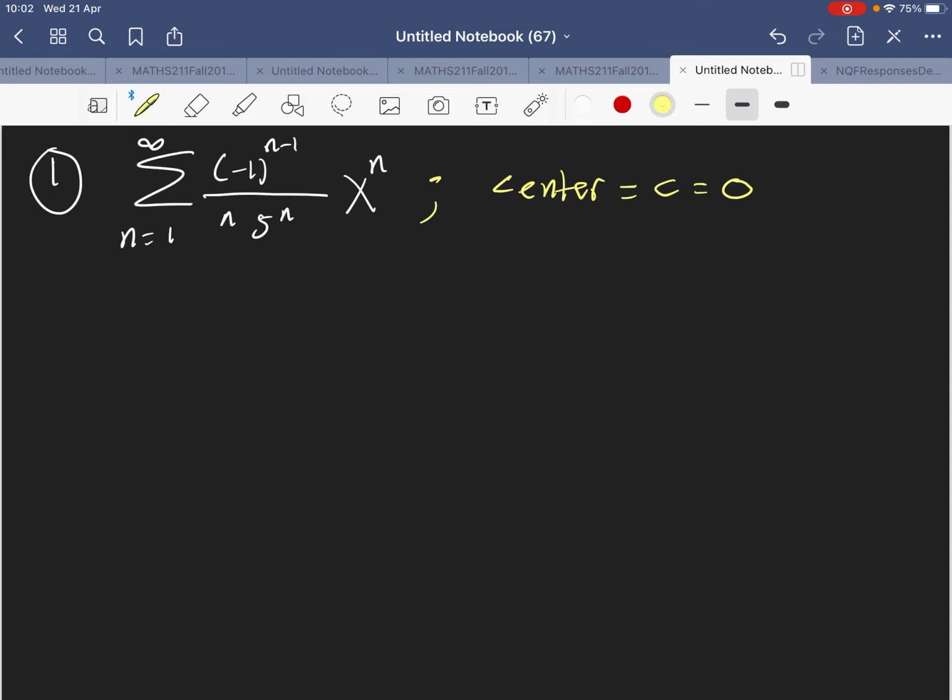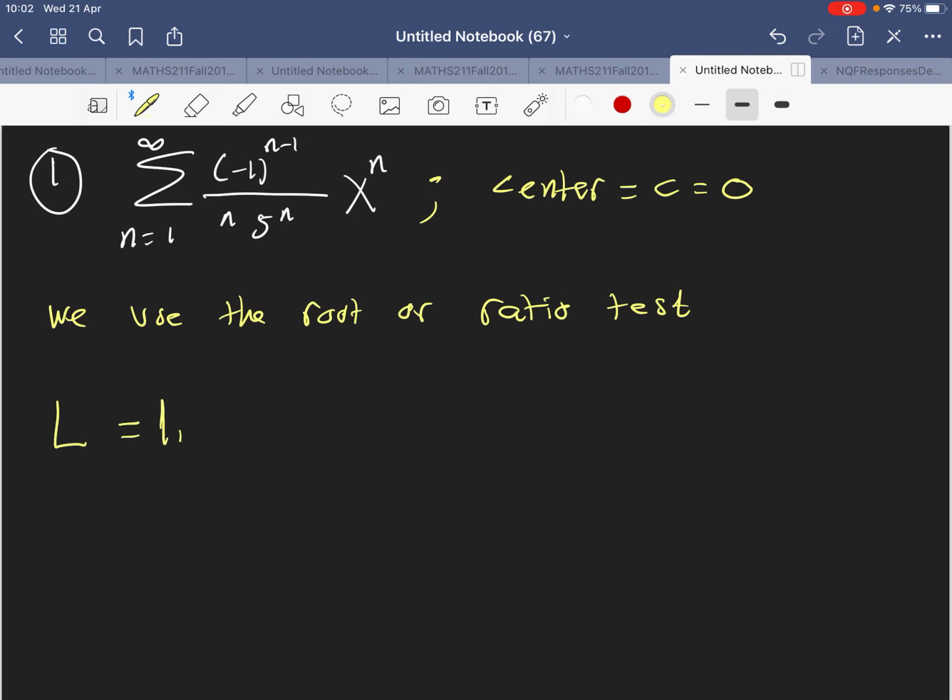Now, if we have something like this, we use either the root test or the ratio test. It depends on you. Usually I will use the ratio test. So let me go ahead and use it. Do you remember the ratio test?